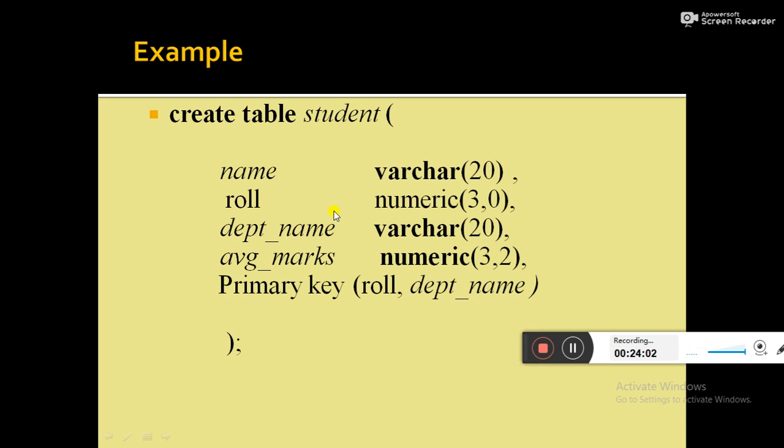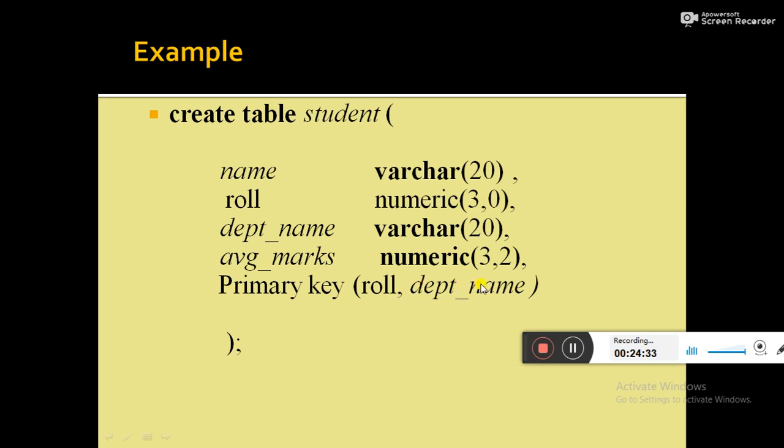So that kind of primary key which has more than one attribute is known as a composite primary key. Now how to define that kind of primary key in SQL? Like that, first you define name varchar 20, roll numeric 3,0, department name varchar 20, average marks numeric 3,2, comma, then primary key, within brackets we mention the attributes.